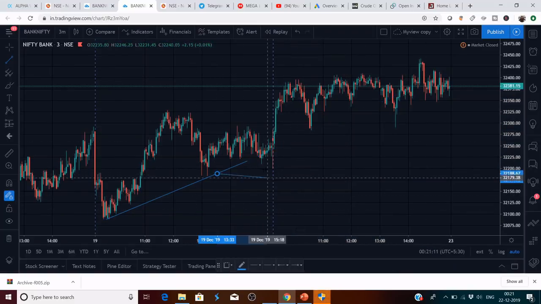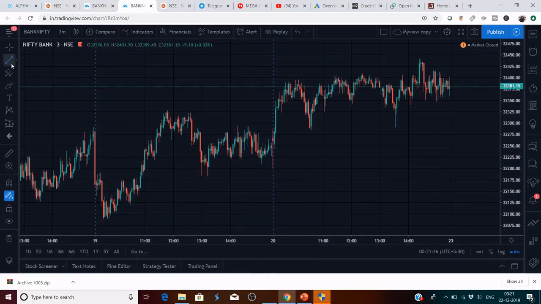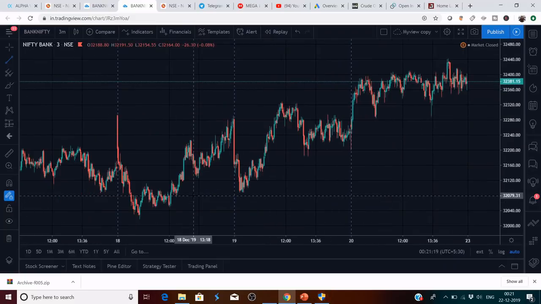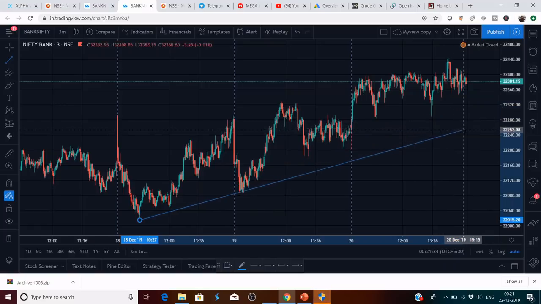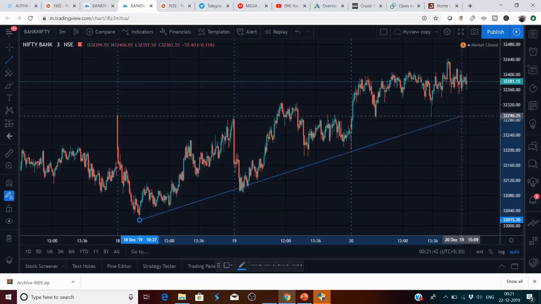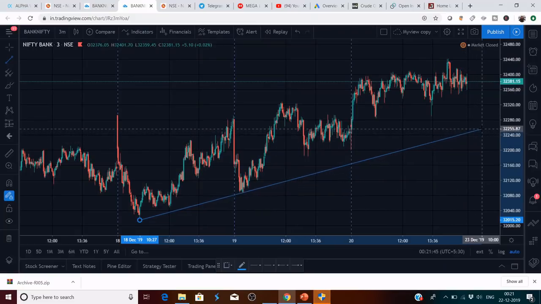Let me draw this again. So we will take it from the lowest point till the next point. Or we can do it safely, assuming that this was the lowest and the second lowest.